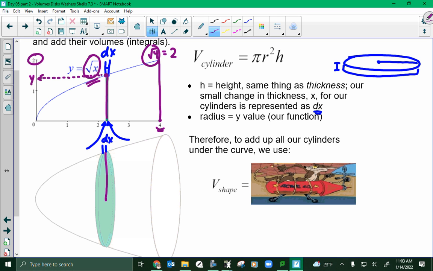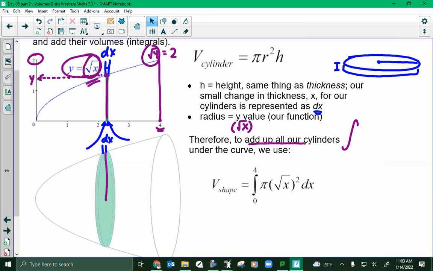So my radius is y, and in this case, we're going to use the square root of x because that's what y is. y equals square root of x. So therefore, if we add up all of our cylinders, that's integration. That helps us add up a ton of things. Let's look at what we have.